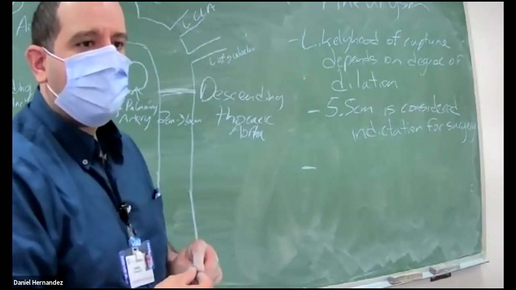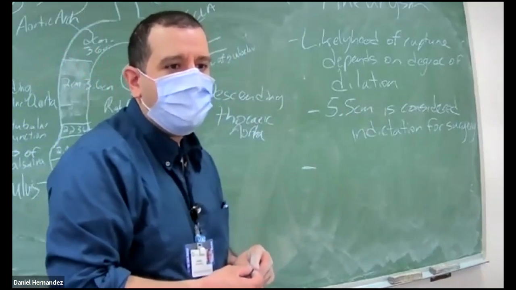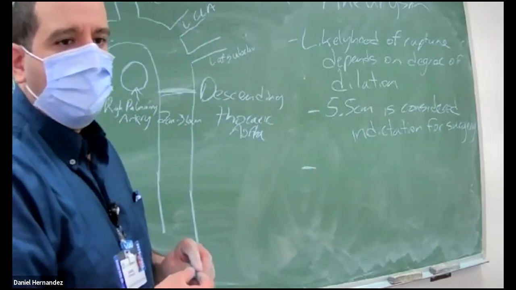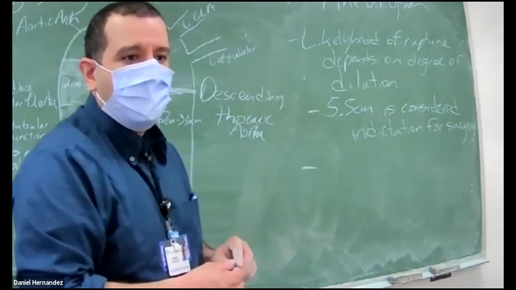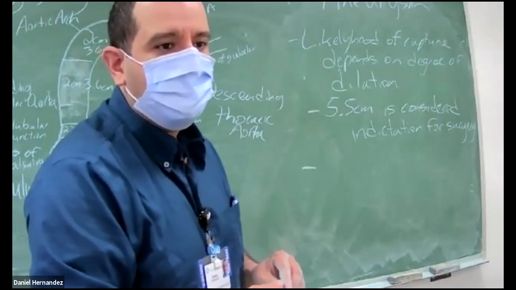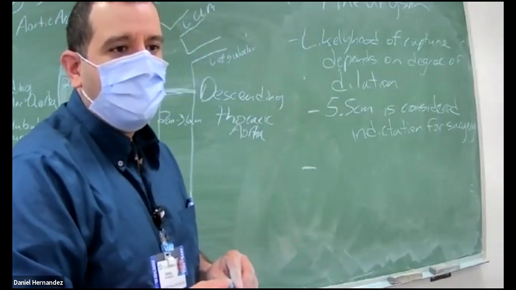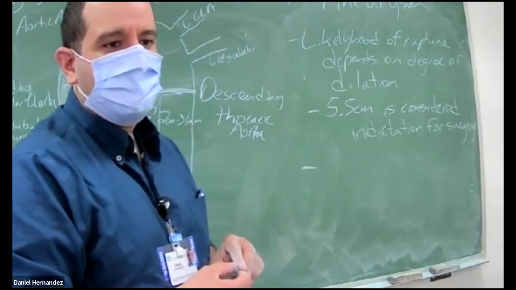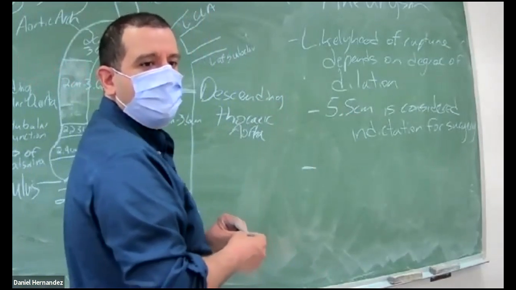A couple more points. Descending thoracic aneurysm frequently coexists with substantial atherosclerotic involvement, which can include protruding and mobile components, as well as laminar thrombus.